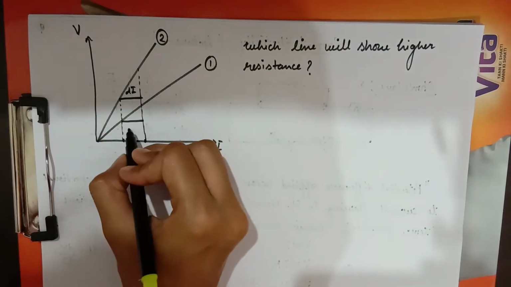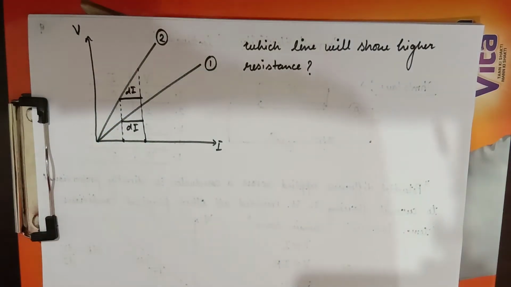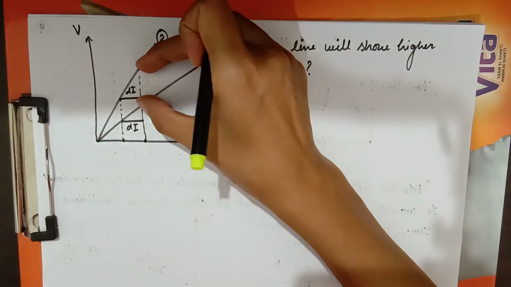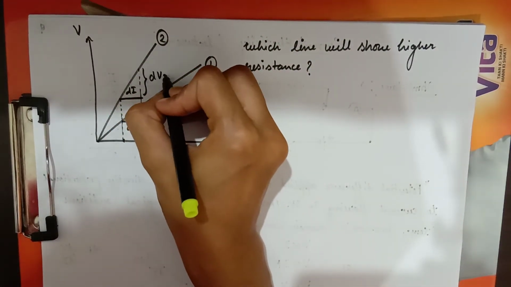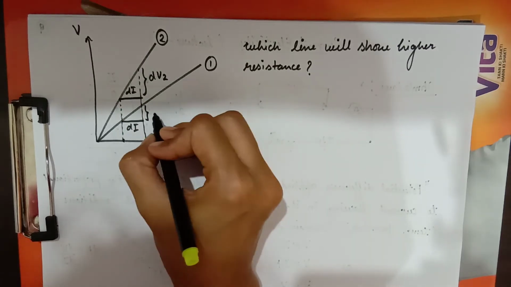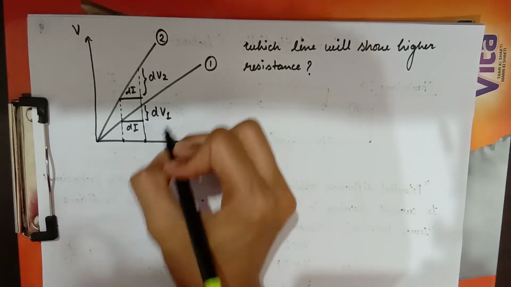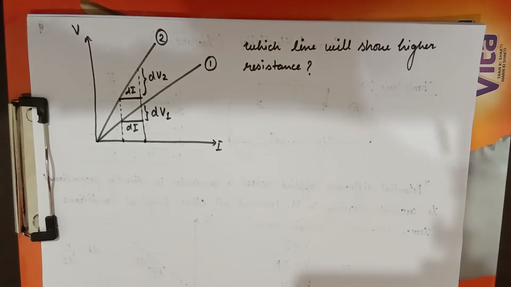This is dI and this is dI. Now we will see dV. So this is dV2 and this is dV1, and we know that R is equal to dV upon dI.